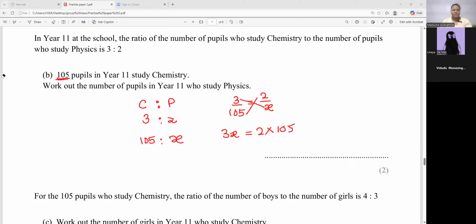Then multiply by 2, divide by 3. X is equal to 2 times 105 over 3. 70 pupils doing physics. X is equal to 70.